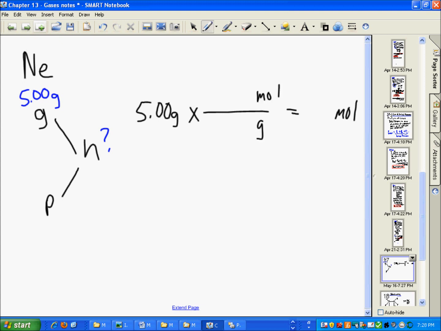And for neon, it is 20.18 grams per mole. So it's 1 mole over 20.18 grams. 0.24777, which is approximately equal to 0.248 moles.